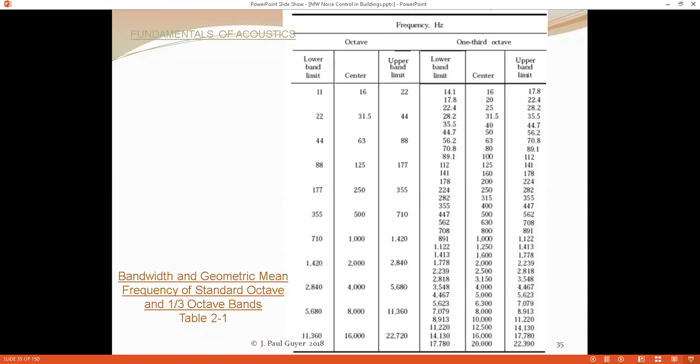You have the source up on the stage playing the violin, emanating sound in a 360-degree global type of configuration, and some of that sound shoots over and bangs off the wall, or bangs off the ceiling, and ricochets down to the receiver sitting in a seat in the audience.